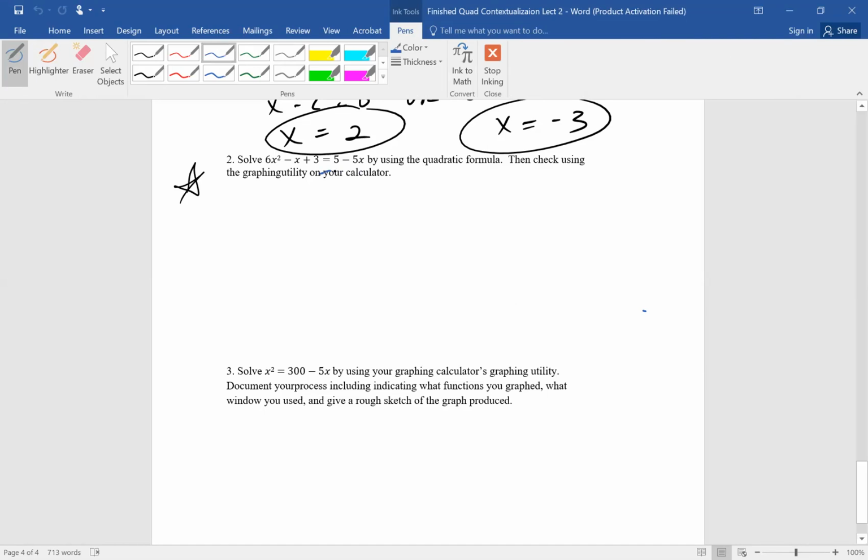So if I were to move minus 5 plus 5x, let's do it so we can see it. I'm doing two steps at once here. Minus 5 plus 5x.